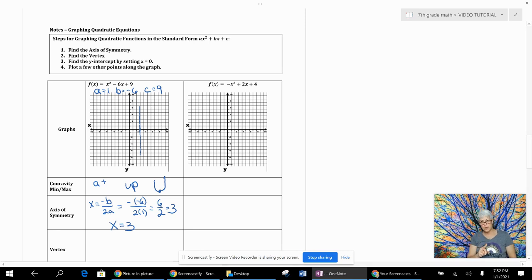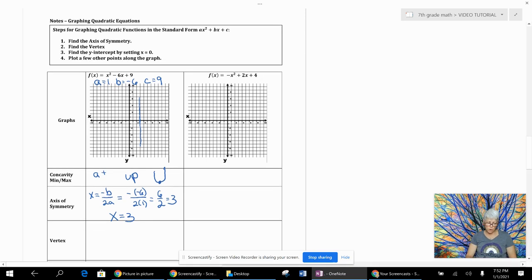To find the vertex, I take that x value I just found and put it back into the equation. So I'm looking for the y. y equals 3 squared minus 6 times 3 plus 9. That is the original equation, substituting in 3 for x. y equals 9 minus 18 plus 9.